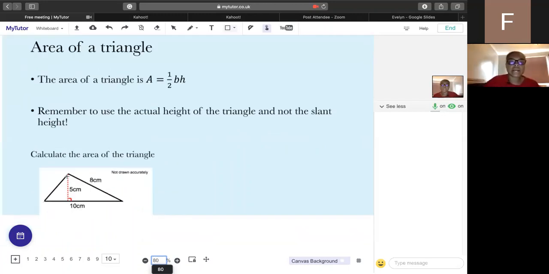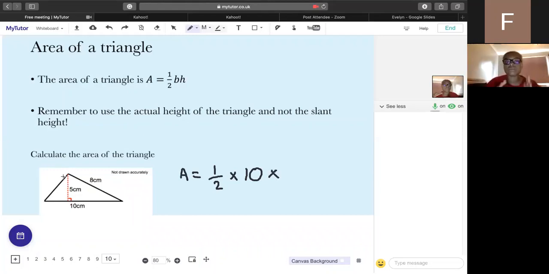So if we look at this example down here, we've got area equals half times, now the base of this triangle is 10 centimeters because it goes all along the bottom of the triangle. So that will be our base, and our height would be our vertical height. What's the entire height of the actual triangle, not the slant height?